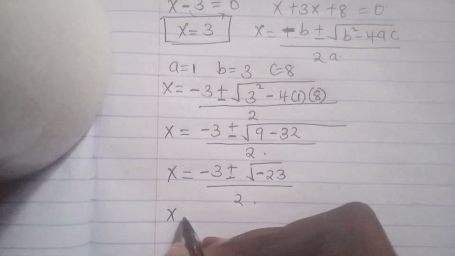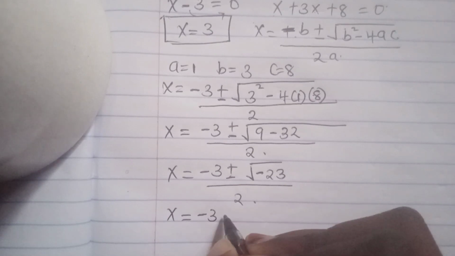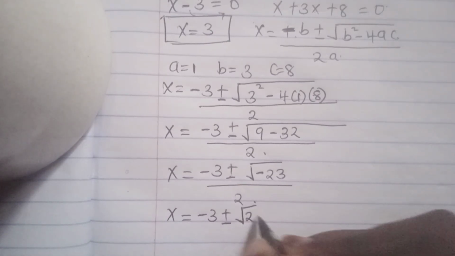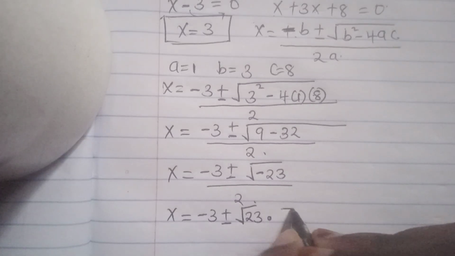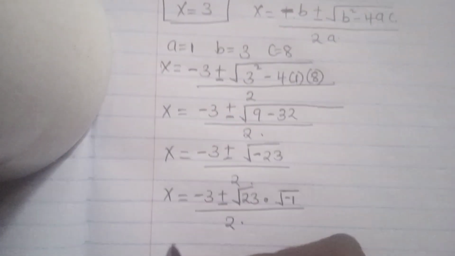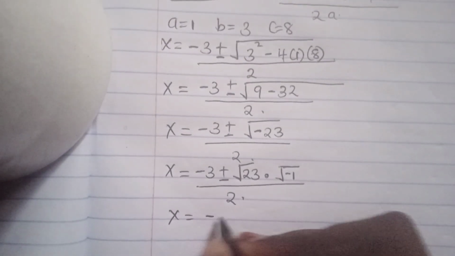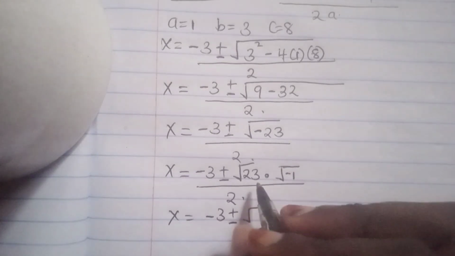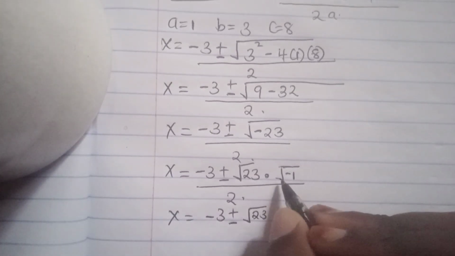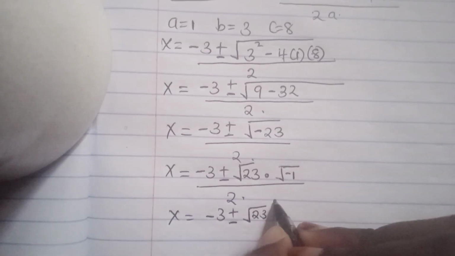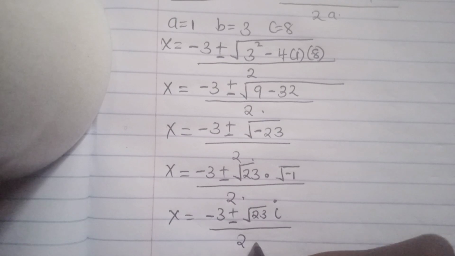So x = negative 3 plus or minus the square root of 23 times the square root of negative 1, over 2. So this means that x = negative 3 plus or minus the square root of 23, the square root of negative 1, this is imaginary, divided by 2.